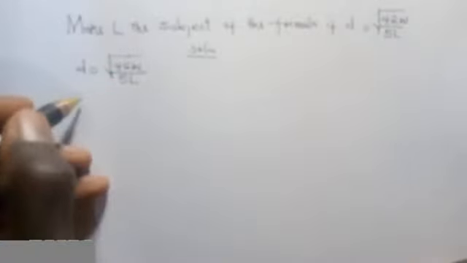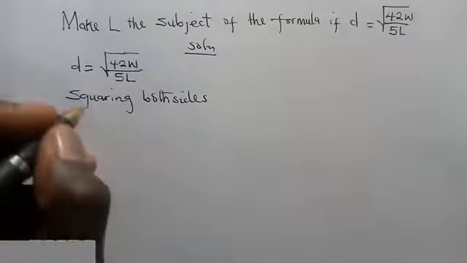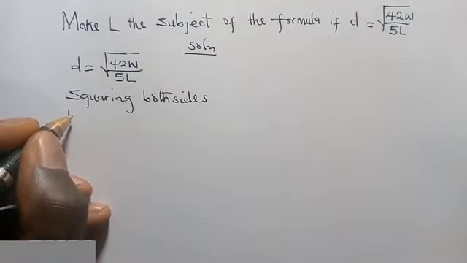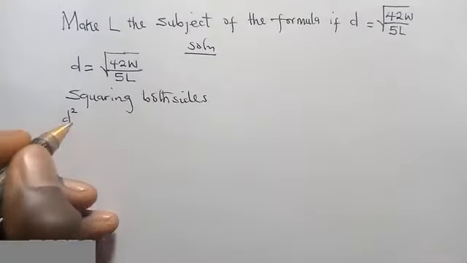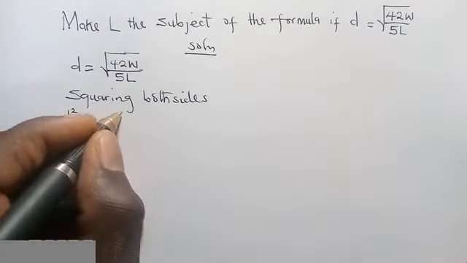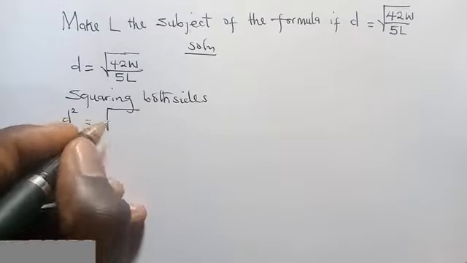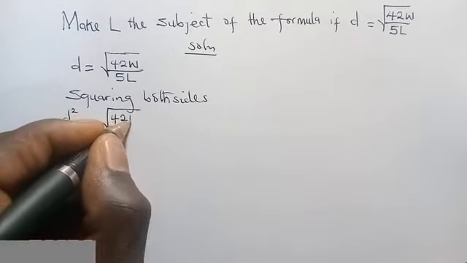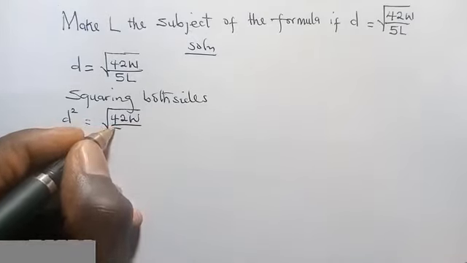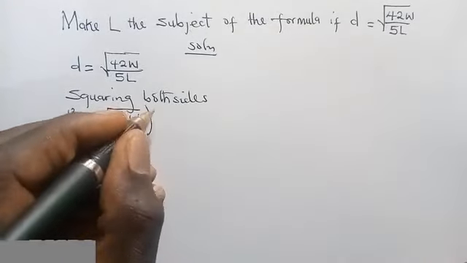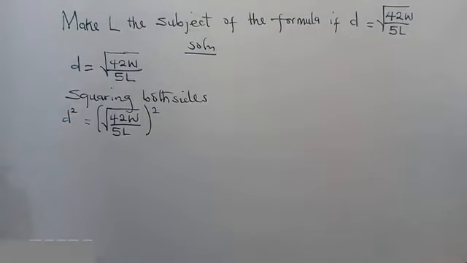So the first thing we are going to do is squaring both sides. And that will give us D square equal to the square root of 42W over 5L, put like this.